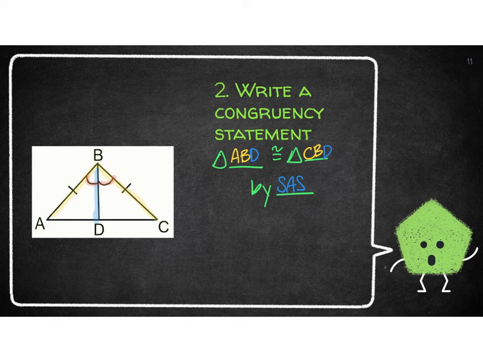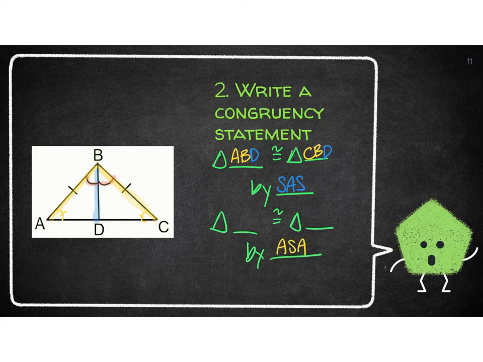Now there is another way that we could write the congruency statement or give the reason, and that's because we have an isosceles triangle, which means that because AB is congruent to CB, remember that that then means that angle A is congruent to angle C. So if we use that information, then it would be angle, side, angle.